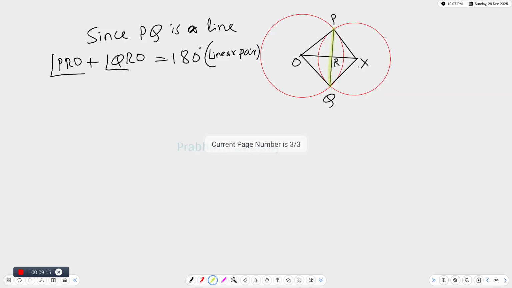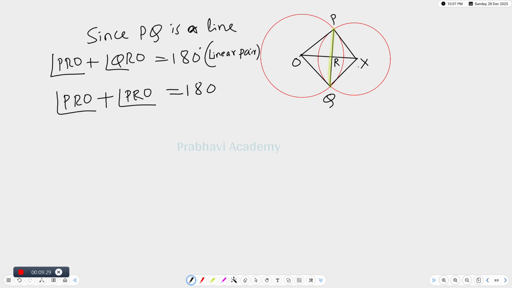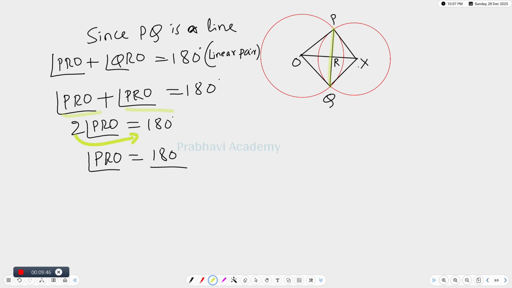Therefore I can say that PRO plus QRO, I will write again PRO itself, because PRO is equal to QRO. That's the result. So here 180 degree. So PRO plus PRO, 2 PRO is equal to 180 degree, and PRO is equal to 180 by 2, if you transpose this 2, it will be divided.